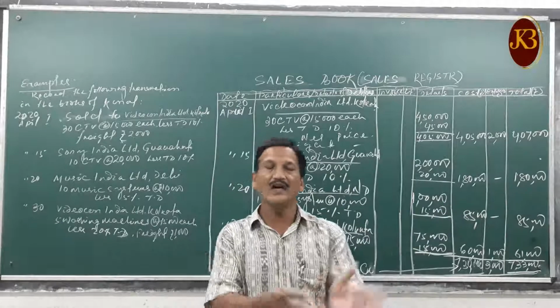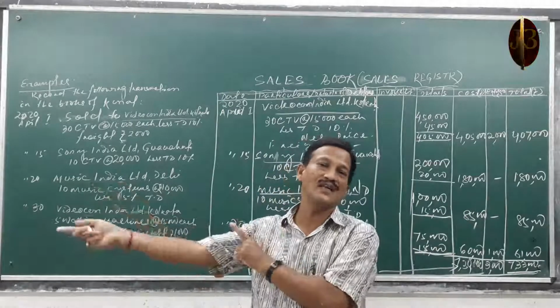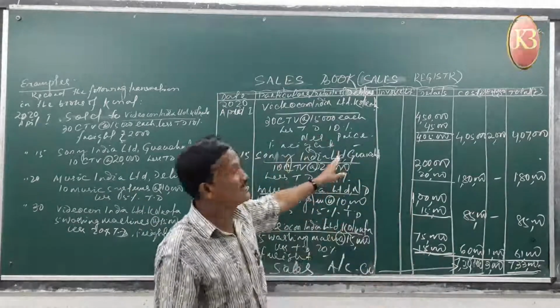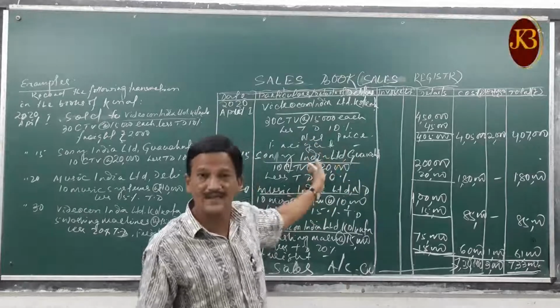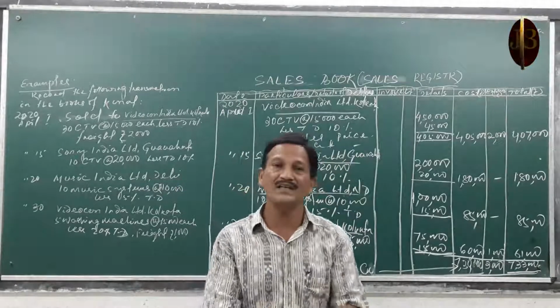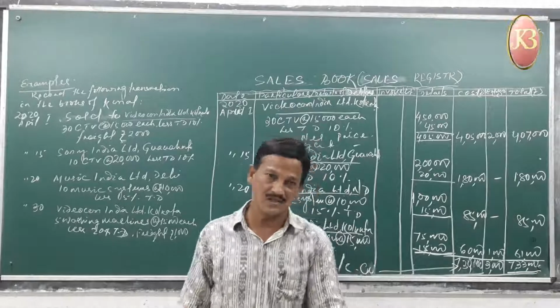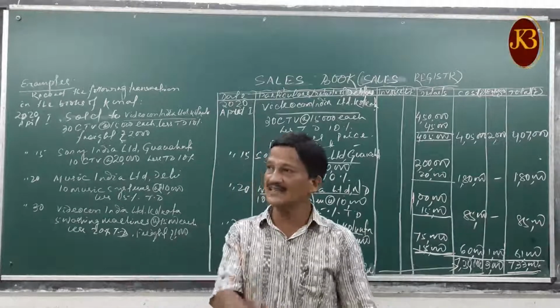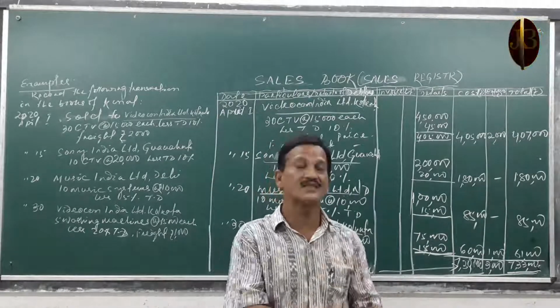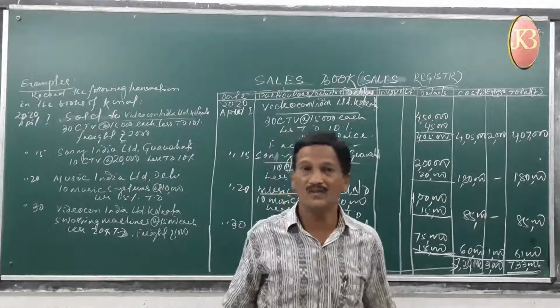This is how it is to be posted to the ledger account from the purchase book or the sales book to the individual debtors or the individual creditors. But to the purchase account and sales account, it is by sundries, transferred to the particular account.